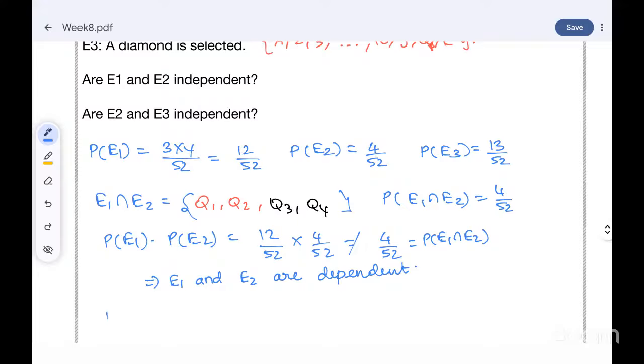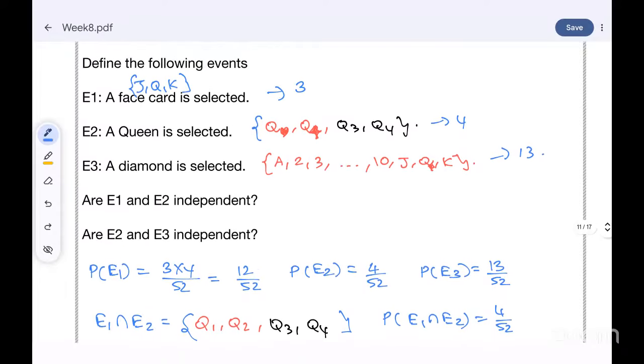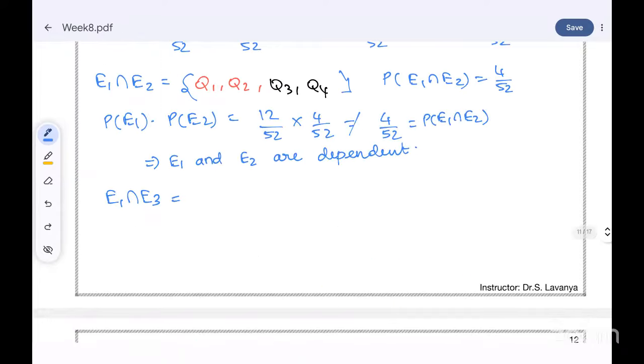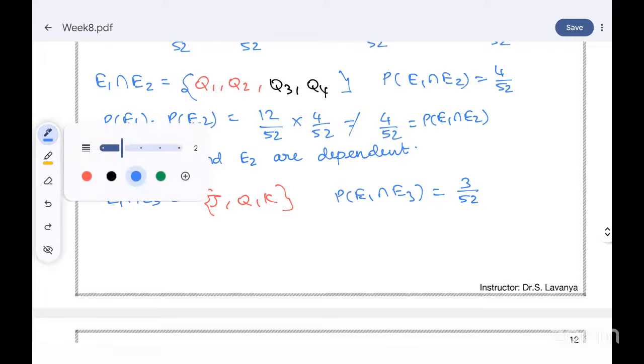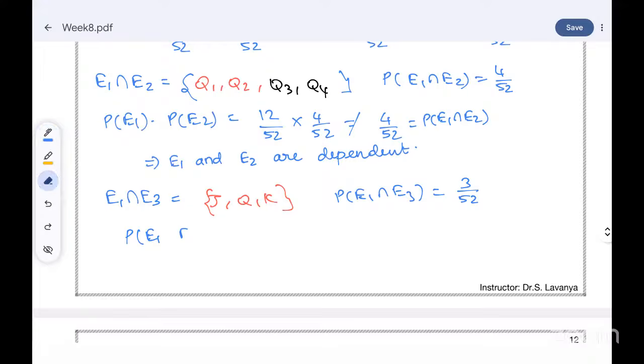Now what is there in E1 intersection E3? You have the 3 cards J, Q, K. So P of E1 intersection E3 is 3 by 52. Now, what is P of E1 into P of E3?